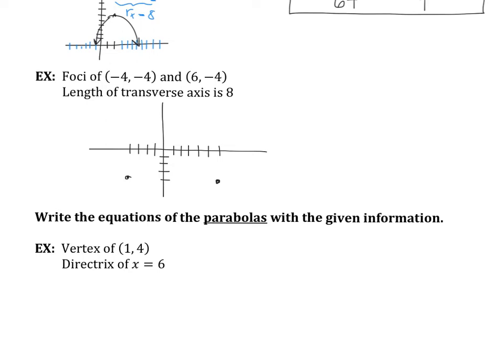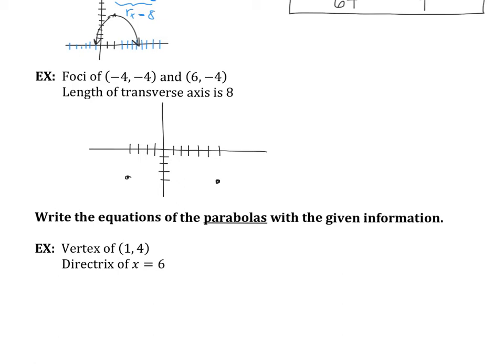And then the length of the transverse axis is 8. Transverse is from vertex to vertex. Okay, that's important to know. So really, from the center, it is 4 to the right, 4 to the left. First, let's always find our center. That's important.